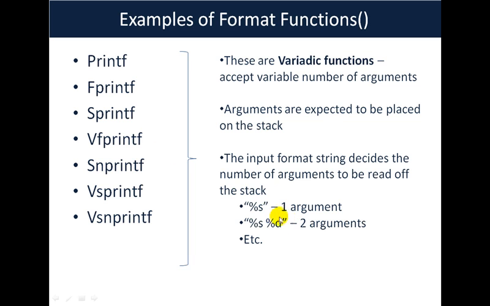So as an example, just specifying %s in the format string would mean to printf that it needs to pick up a single argument from the stack. %s space %d would mean to printf that it needs to pick up two arguments. The first, a pointer to a string, and the second, an integer from the stack.